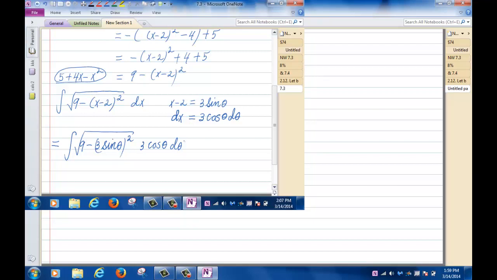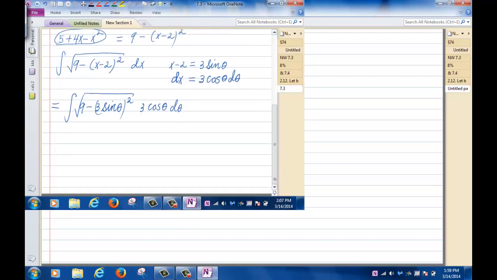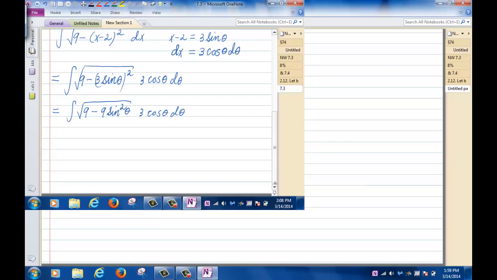Okay, so I need to remember the whole goal for substituting trig functions is that we want to get rid of the square root. So here I can say that I have 9 minus 9 sine squared of theta, and then here I have 3 times cosine theta d theta, and I can factor out a 9.